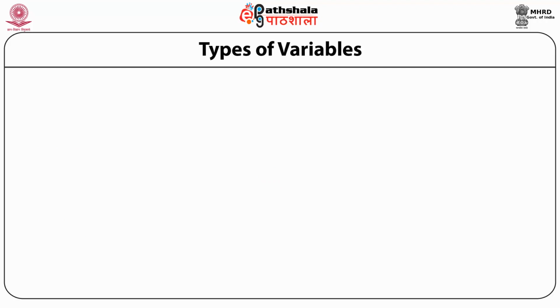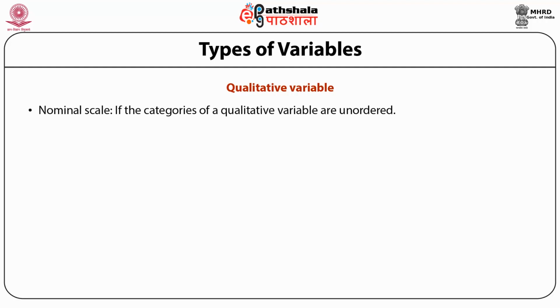Types of variables: in the qualitative variables, while we are measuring the variable, we can measure it in nominal scale as well as ordinal scale. In the nominal scale, data are unordered. Maybe you want to put library data in increasing order, or maybe you want 2014 data to come first, and then 2013, 12, 11, that way.